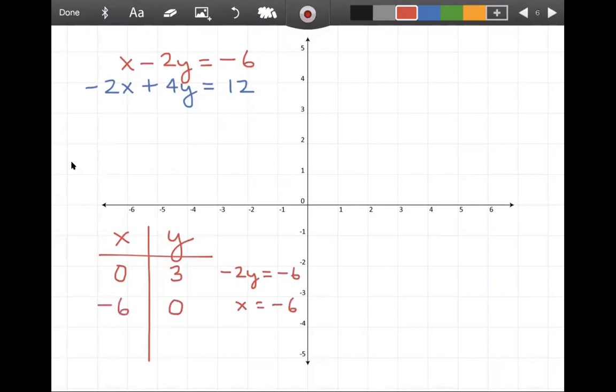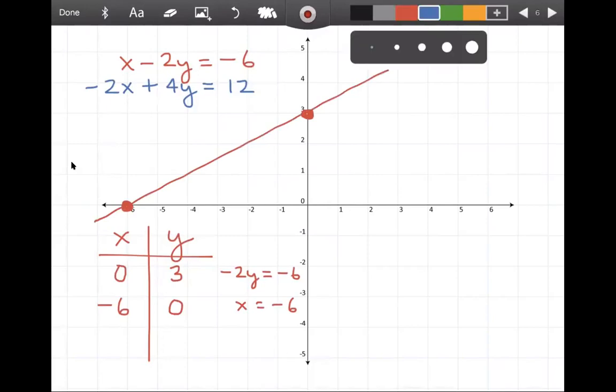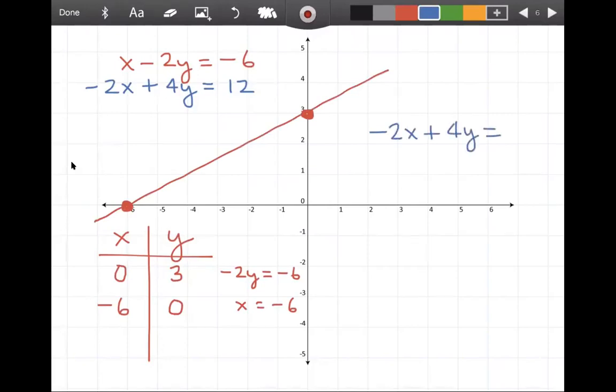All right, so here is my x-intercept. Here is my y-intercept. Draw a line through those 2 points, which looks something like this. All right, and then we have negative 2x plus 4y equals 12.